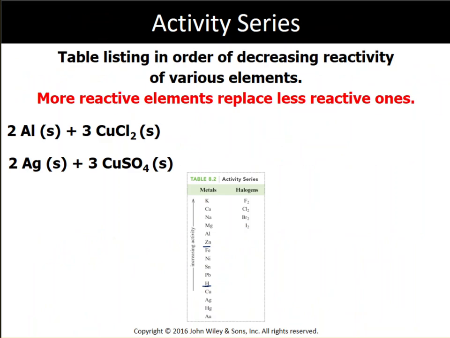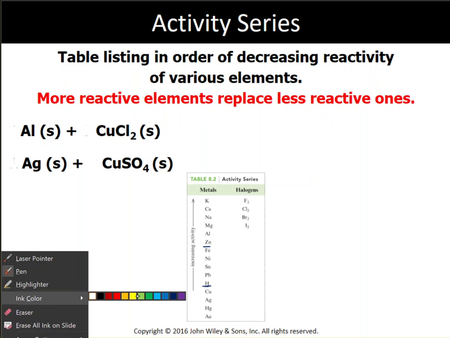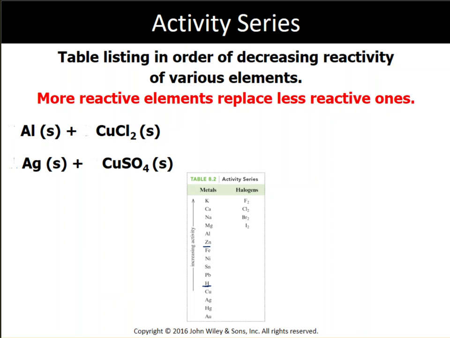So let's look at more single displacement reactions. The reaction of aluminum and copper 2 chloride. We ask you to complete this reaction. In order to complete it, you first want to identify the type of reaction. This is a single displacement reaction because you have aluminum, which is an element, reacting with a compound.